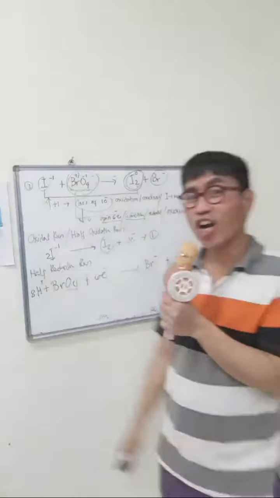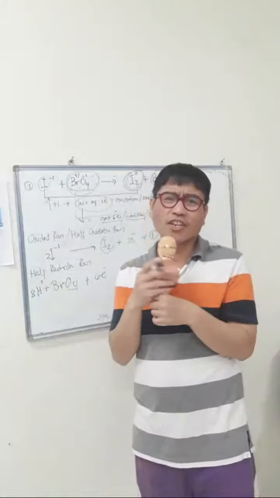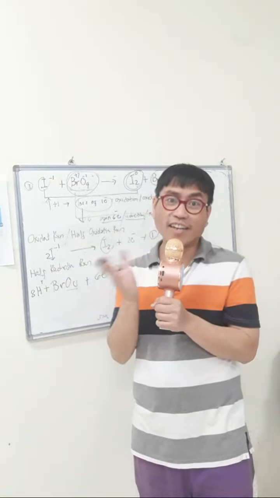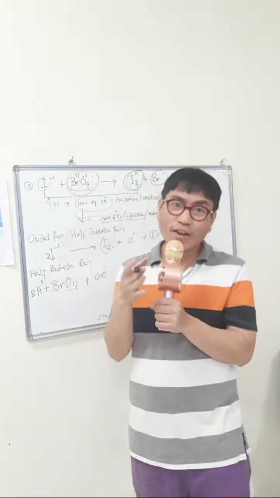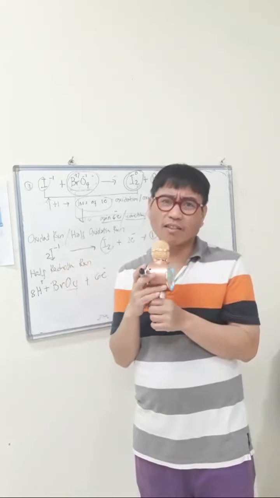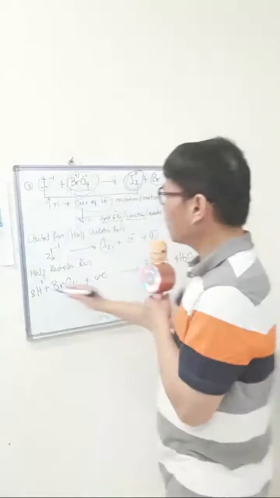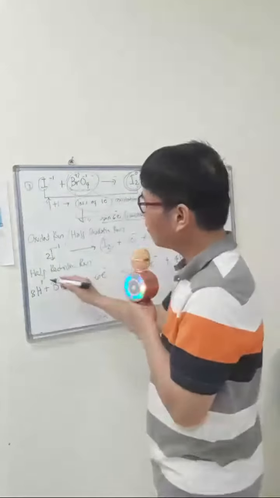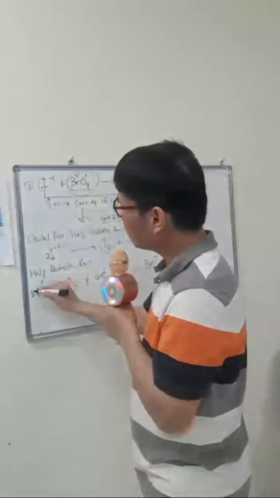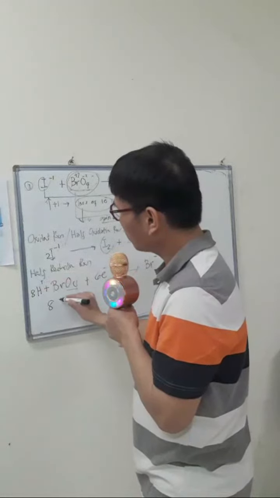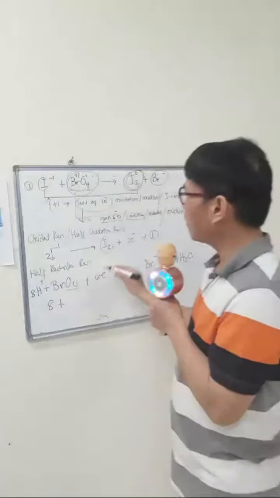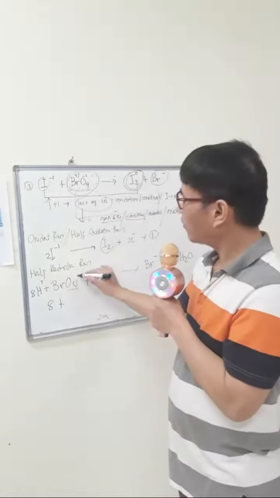Now balance the charges. When we mean balance the charges, guys, it includes electrons, the adding of electrons on either the left or the right, so that it will cancel out, okay? Now, charges balance. So, H plus, 1 times 8, so 8 plus. Bromate is negative 1, right?